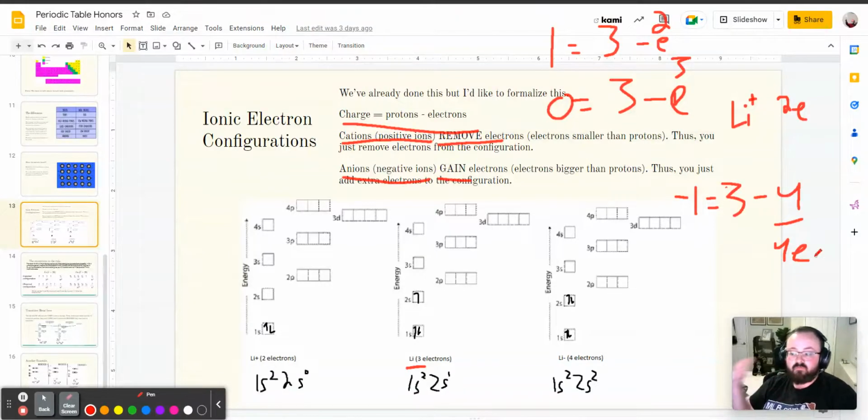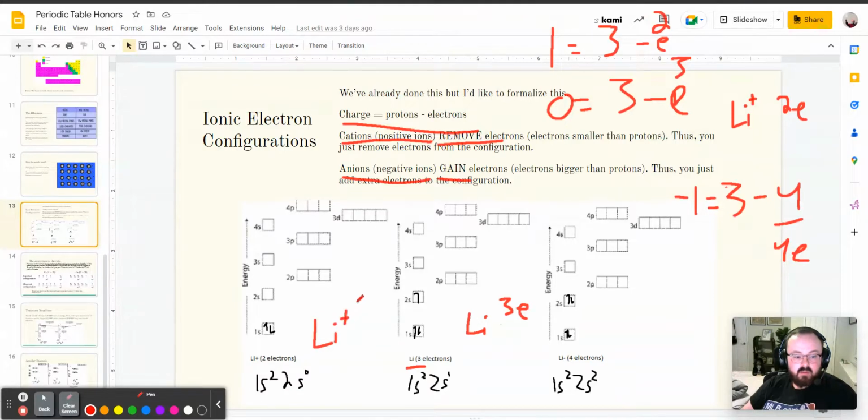So you have to just memorize this. You have to comprehend that if you have a cation, a positive charge, you're removing the electrons and taking them away. An anion, a negative charge, you are gaining electrons. You're adding them in. So here's lithium with 3 electrons.